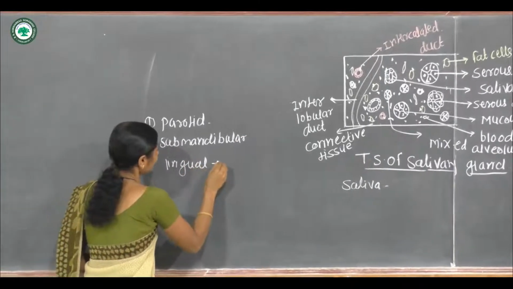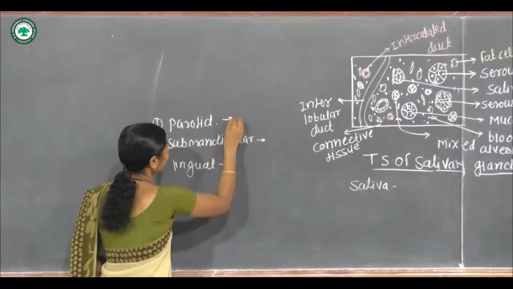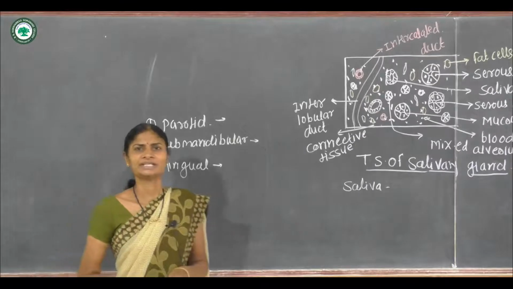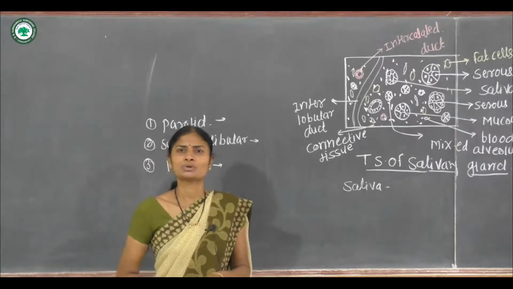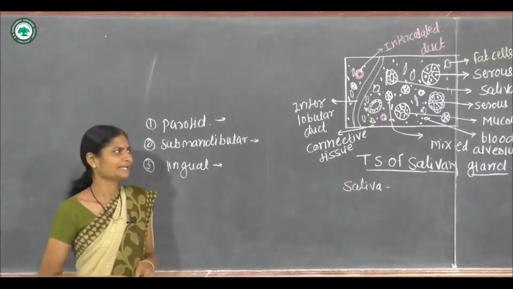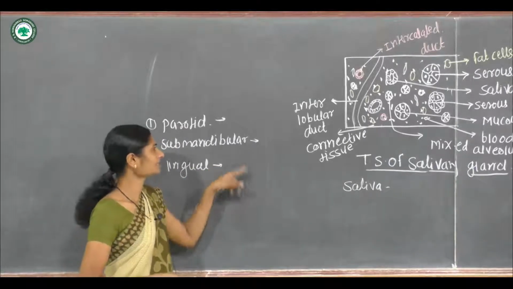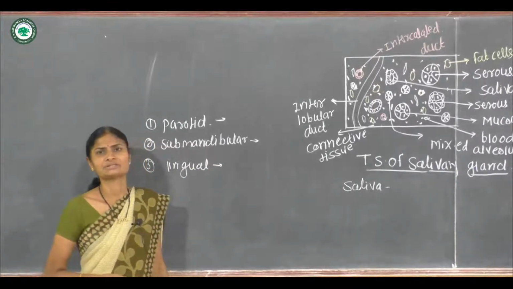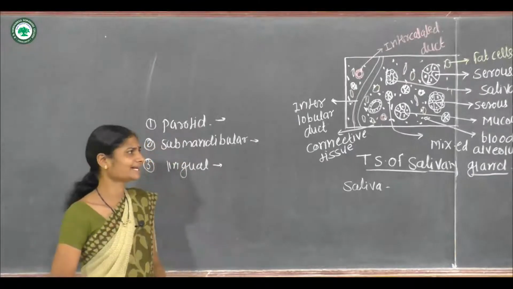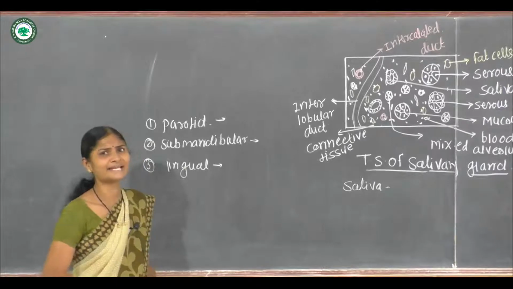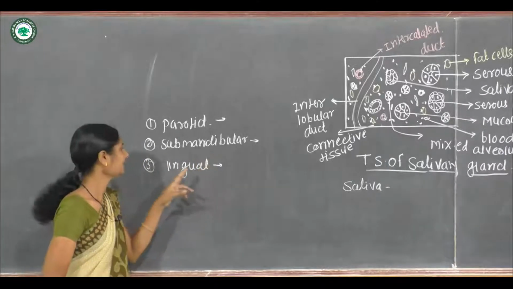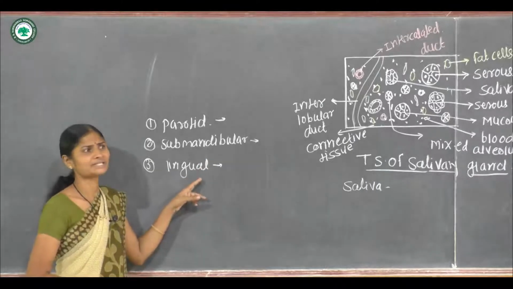These three types are exocrine glands, and exocrine glands carry their secretion with the help of ducts. So in human beings there are three types of salivary glands: parotid gland, submandibular gland and lingual glands.